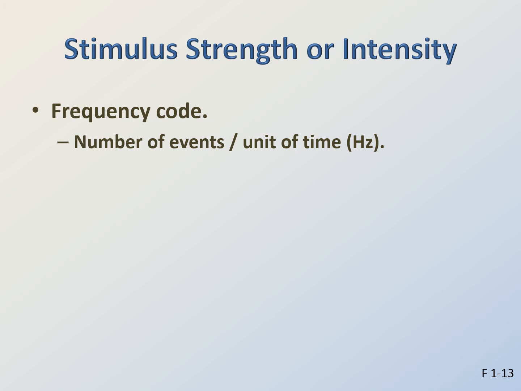For example, if the pressure is sensed 3 times in 1 second, it has a much lower frequency code than pressure that is sensed 25 times in 1 second. Therefore, the intensity perceived for the second case is much higher. The unit used for frequency is the hertz, which corresponds to 1 cycle per second.